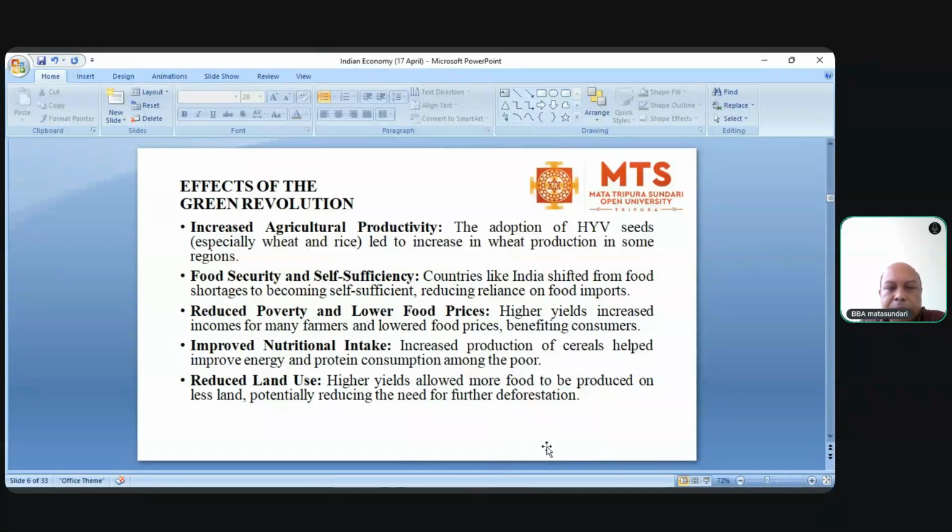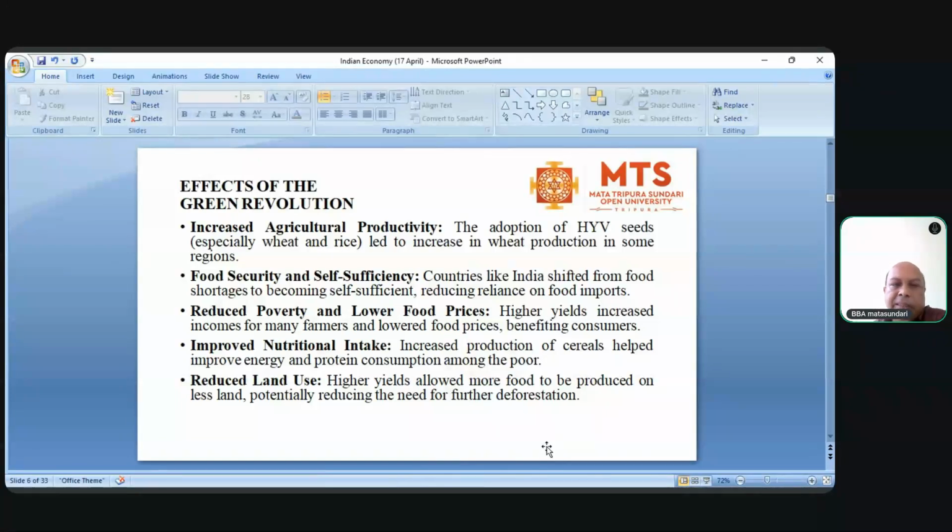At the same time, due to use of modern technologies in agriculture, production also increased, and at the same time, development in village area also increased due to Green Revolution. So this is the positive side of Green Revolution.